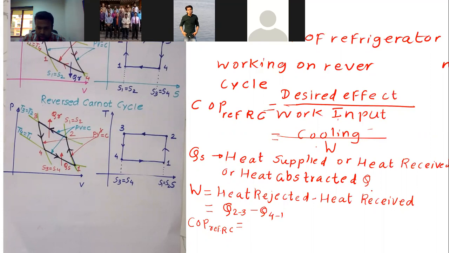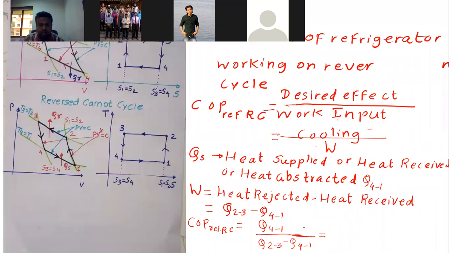During 4 to 1. So COP of refrigerator is given by Q4-1 upon Q2-3 minus Q4-1. Is that okay?